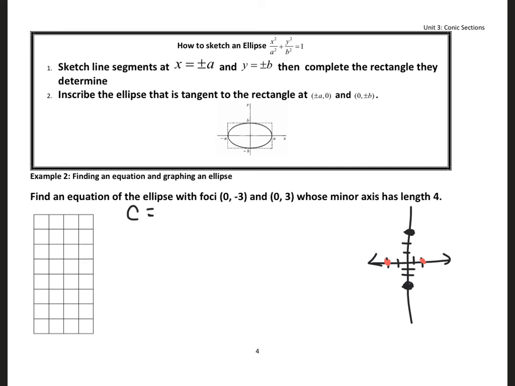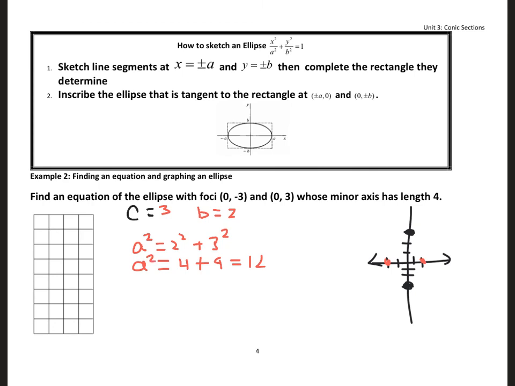So if c is 3 and b is half the length, which is 2, we can do a squared is equal to b squared plus c squared. So this is going to be 4 plus 9, which is equal to 13.